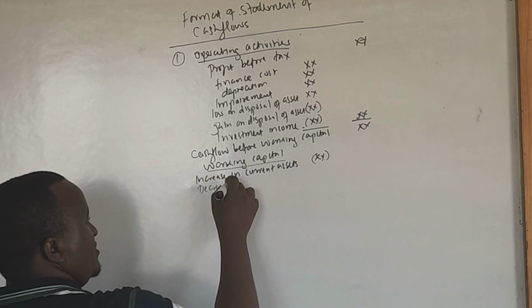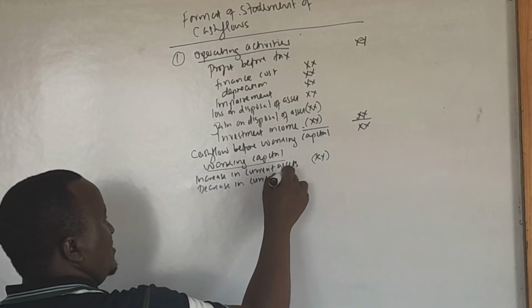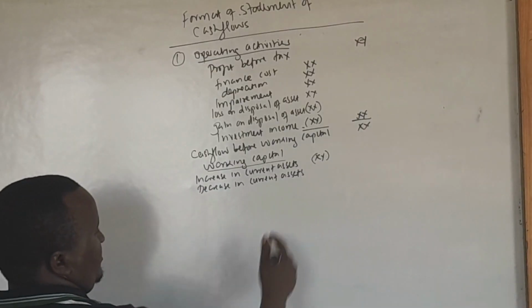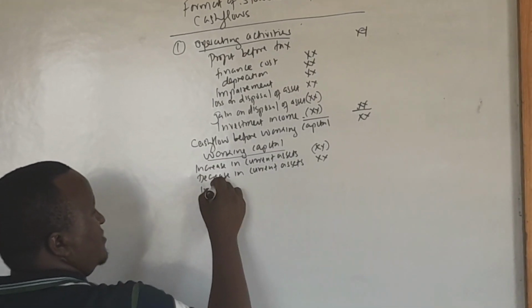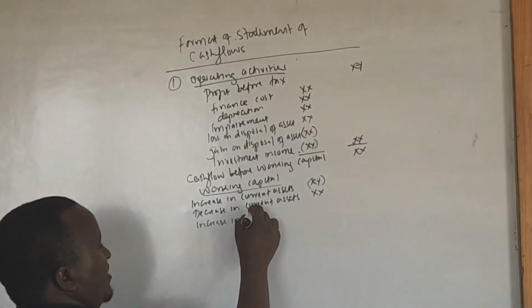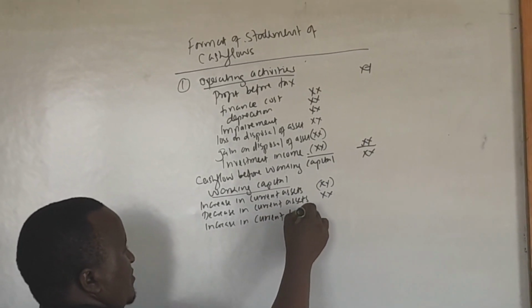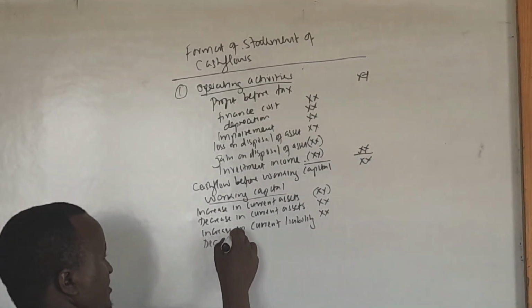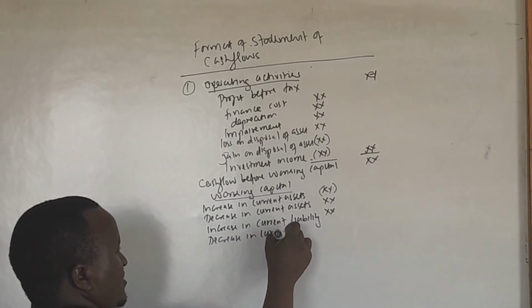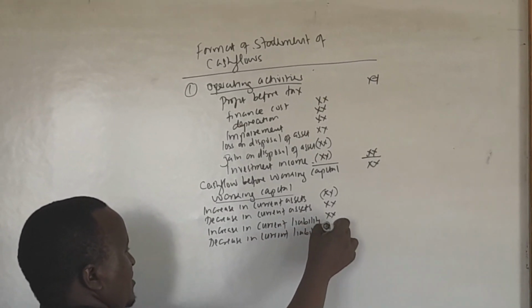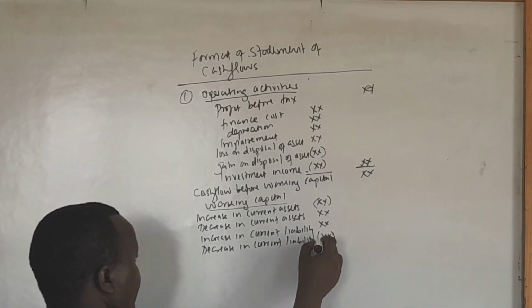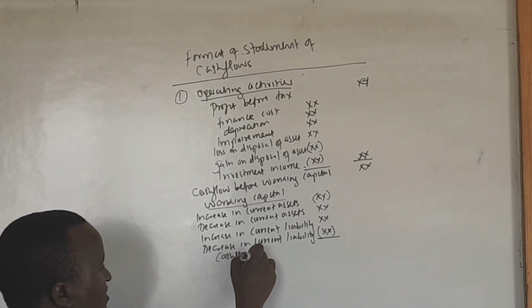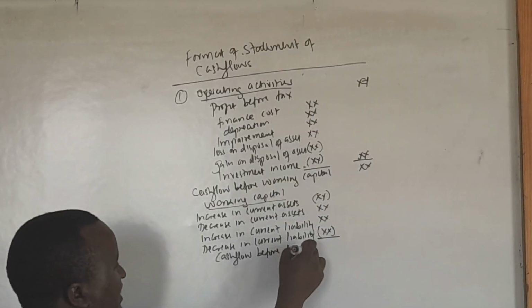Decrease in current asset, you add. Increase in current liability, you add, and decrease in current liability, you minus, and you get cash flow before tax.